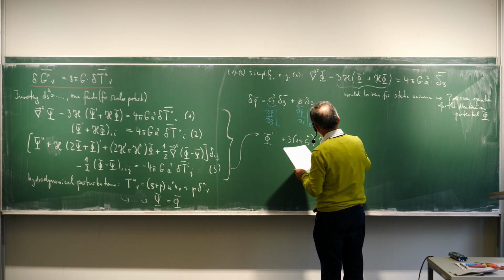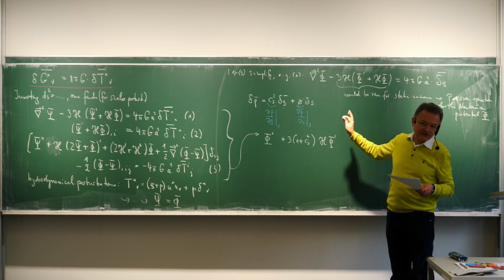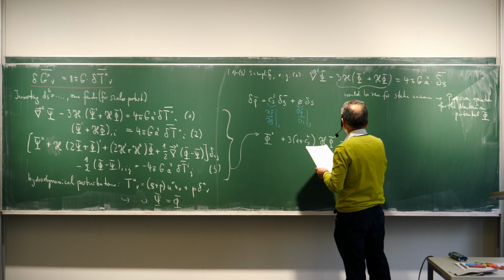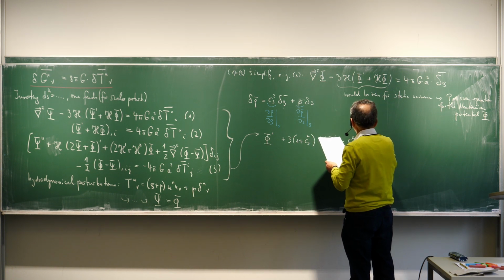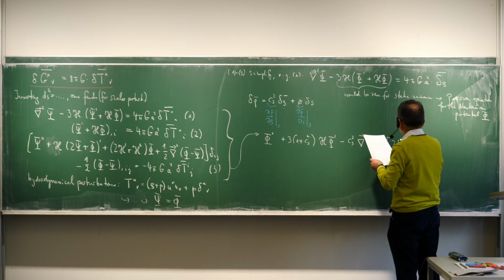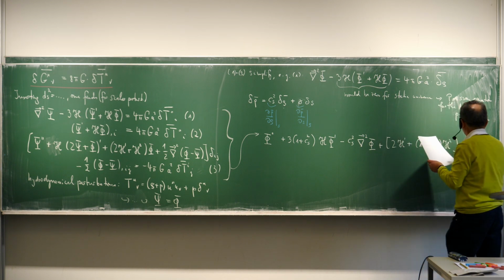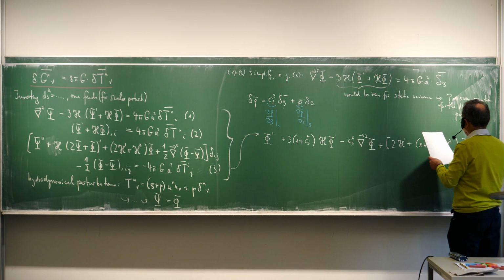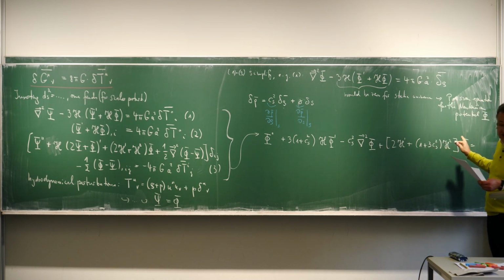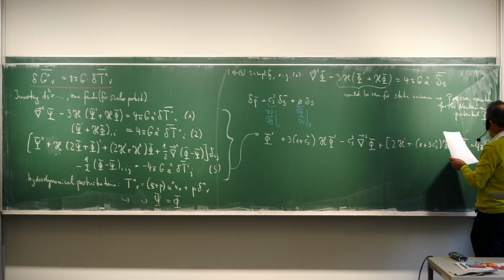Of course, we did not use the curly H, but you recall perhaps that we had a term with H phi dot at that time, minus c_s squared Laplace phi, plus 2 H prime plus 1 plus 3 c_s squared H squared times phi, and this is the Bardeen potential, to recall.